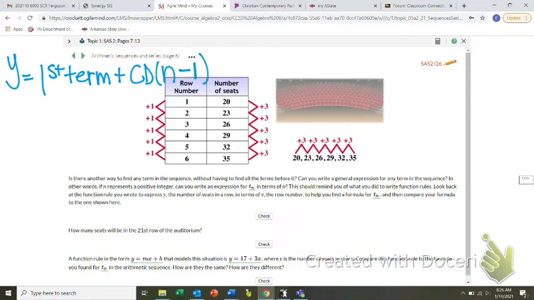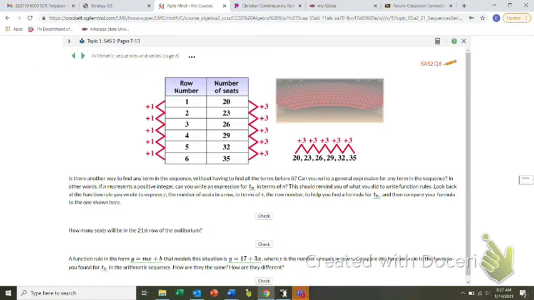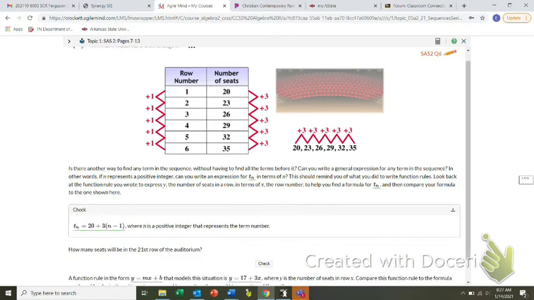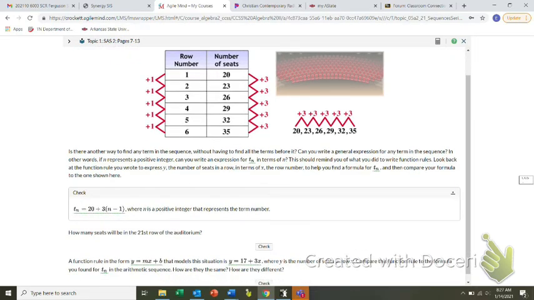Okay, so again, y equals 20 plus 3 n minus 1. All right, so that's the first part of the problem, and if you hit check, it will show you that. They use Tn, remember, same thing as y. Okay, nothing changes. They're just using different letters.